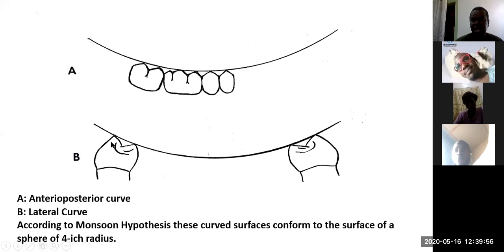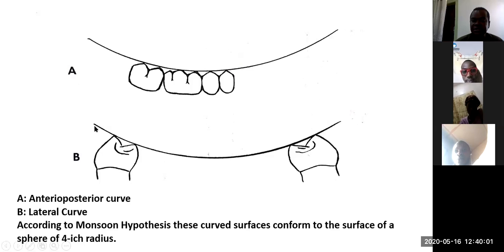I told you the curve of Monson is the line that joins the buccal cusps on one side of the arch to the lingual cusps of the same tooth, and it runs straight to join the lingual cusps of the other side of the arch and the buccal cusps. That curve, if you draw that line, is known as the curve of Monson.